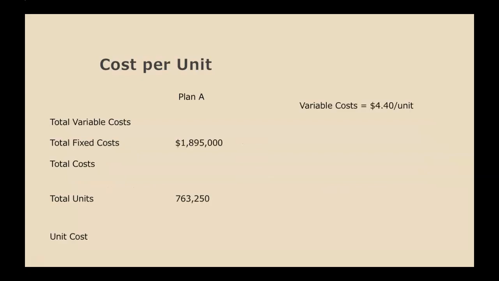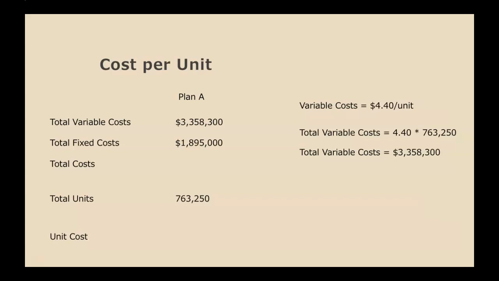So looking at just Plan A right now, $4.40 times our total number of units, the 763,250, and we can see that our total variable costs will be $3,358,300.